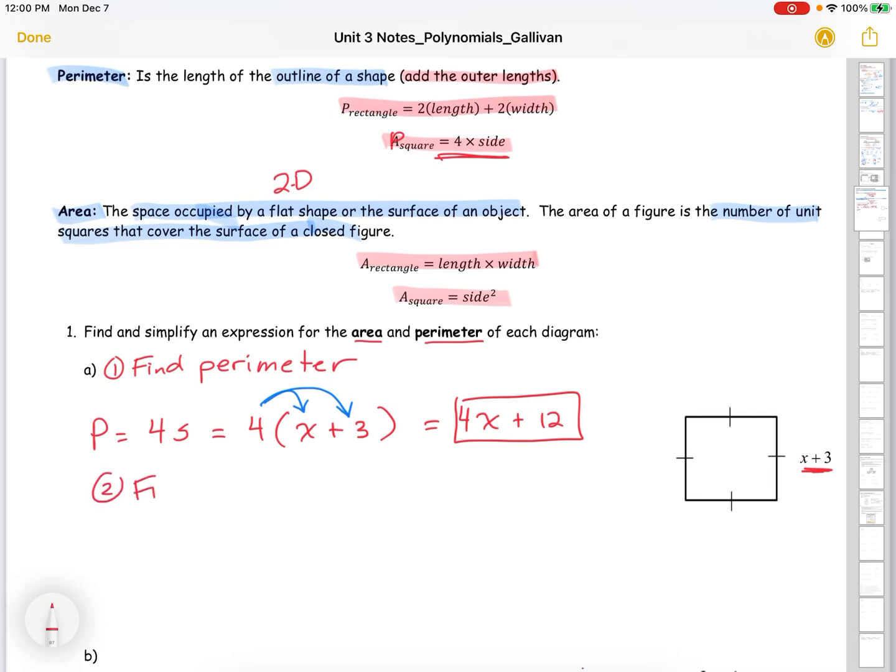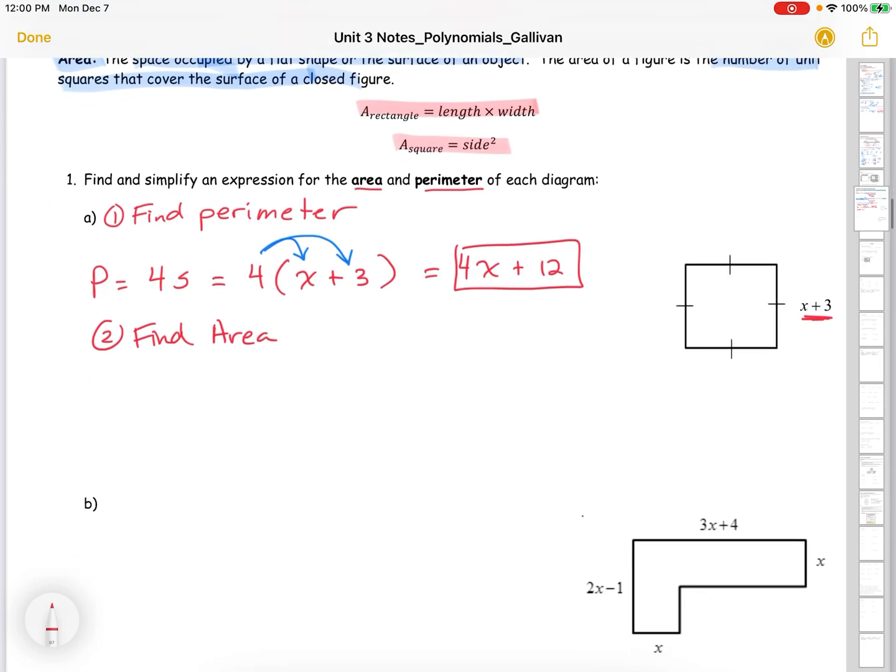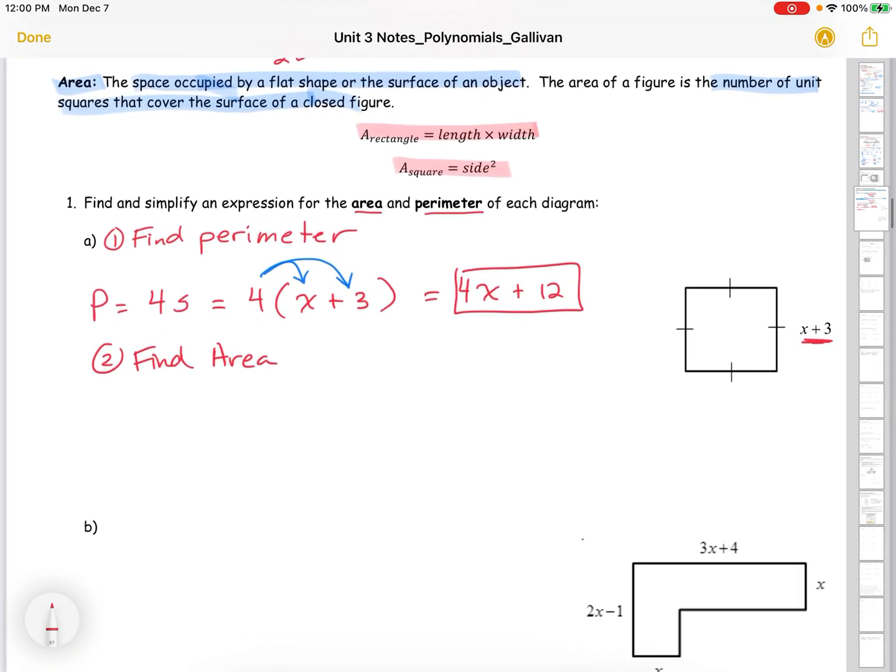Second, we're going to find the area. Okay. Now remember from up here, the area of a square is side squared. So area is equal to side squared. So our side is x plus 3. We're going to square it. Now, you're going to want to write it out, and then you're going to FOIL, right?